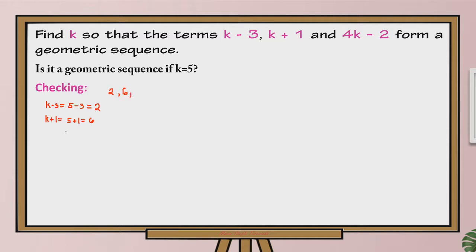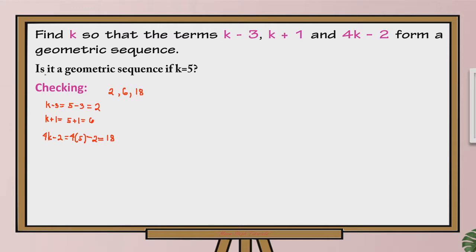To get the third term, we will use 4k minus 2, and that is equal to 4 times 5 minus 2 equals 18. So, bakit naging 18? So, we have 4 times 5, that is 20, minus 2, kaya 18. So, yung third term natin ay 18.